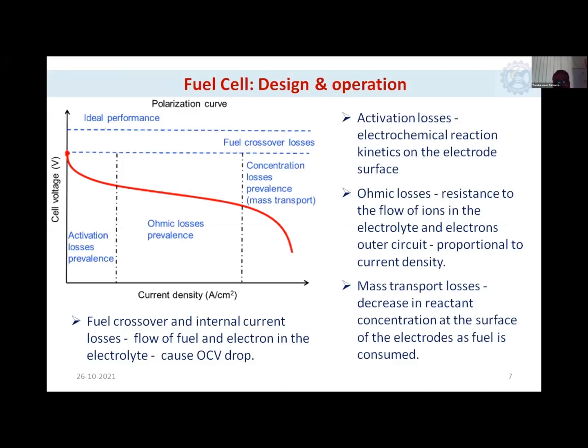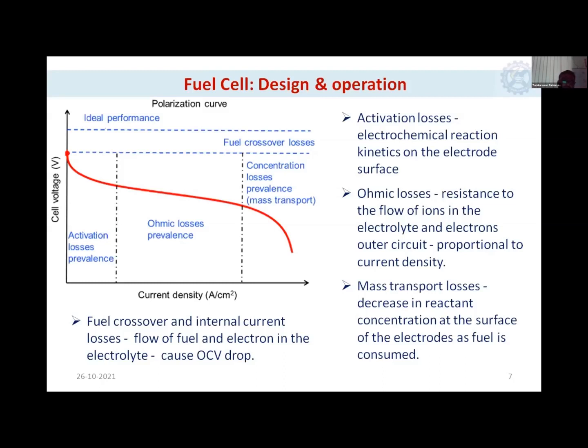So this leads to a certain amount of fuel crossing over the membrane, all the way to the cathode. What will happen if it crosses? If it reaches the cathode, you are actually giving the fuel at the cathode as well as at the anode. So thermodynamically, these two are at the same potential.